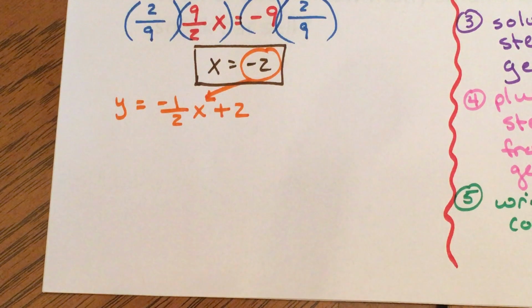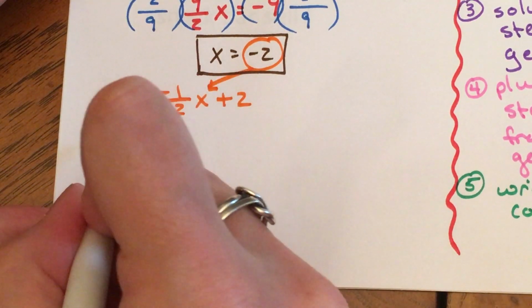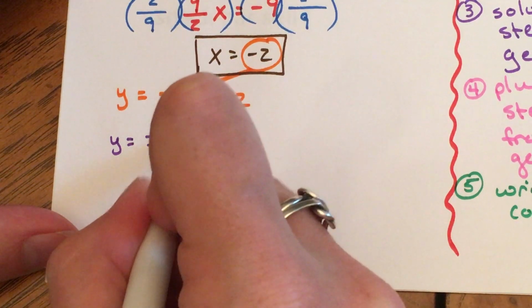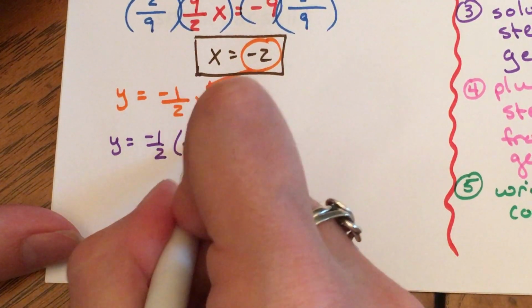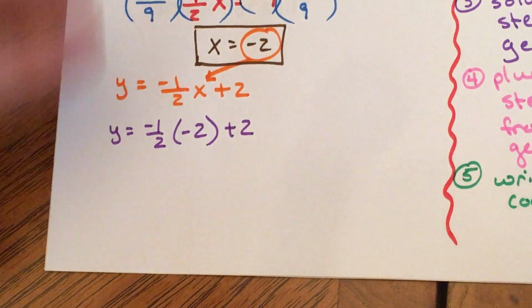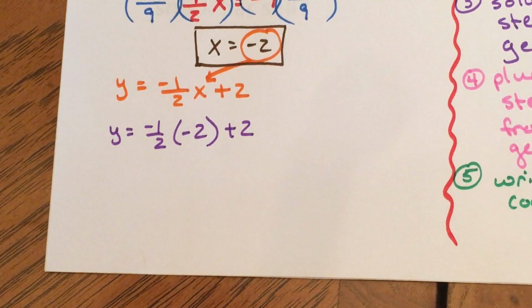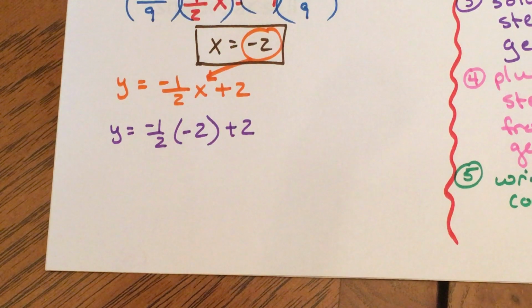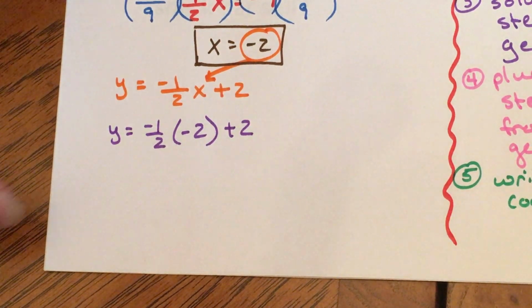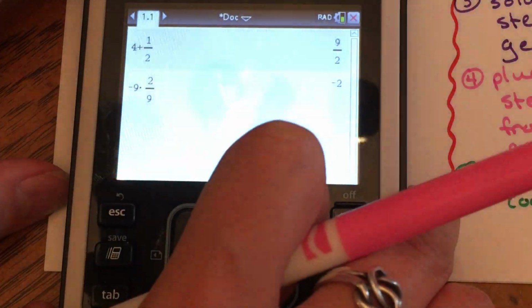So y equals -1/2 times -2 plus 2. So again, if you're stressed, pull out your calculator. You can multiply that. You can add that all in there. We'll do it together.